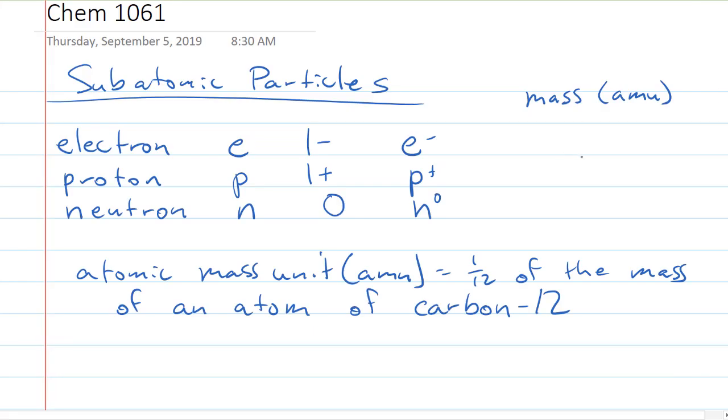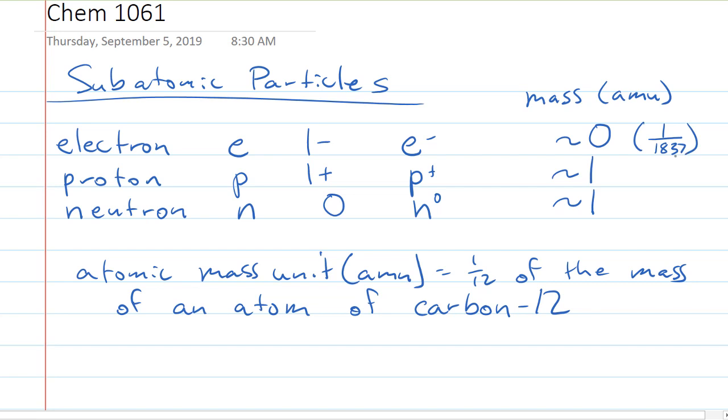And so the approximate mass, I'm jumping down here to the proton, the approximate mass of a proton in AMUs is about 1. For a neutron, it is about 1. And for an electron, we say it's about 0. And I'm putting in the about symbol because it does have some mass.